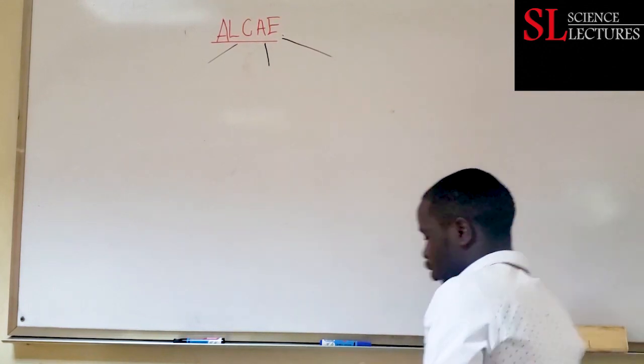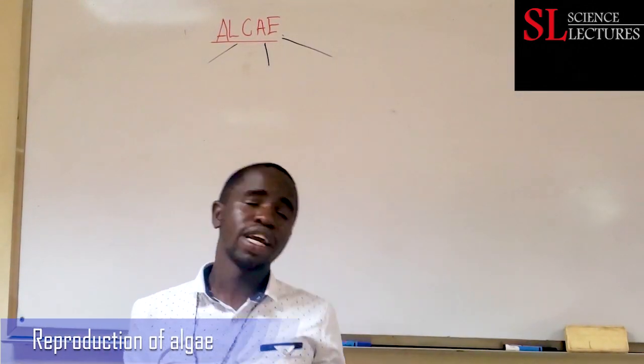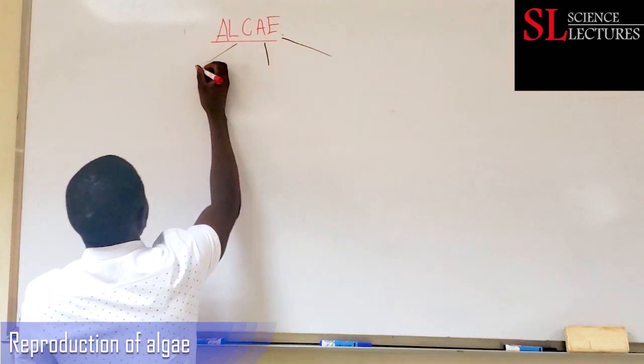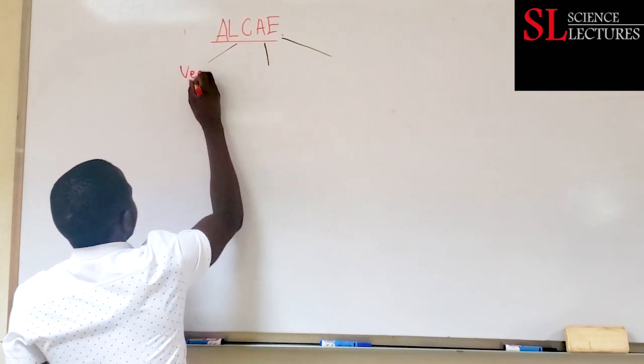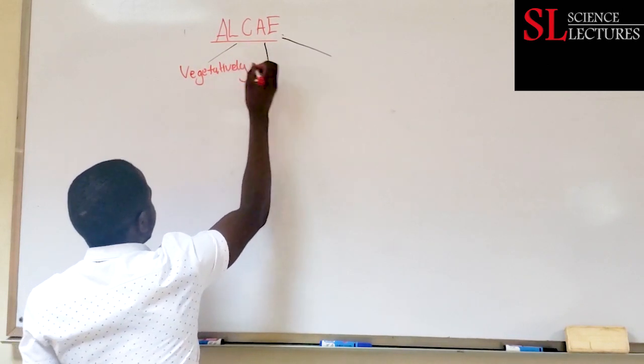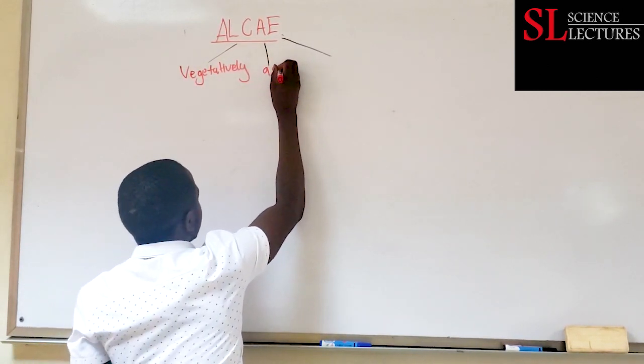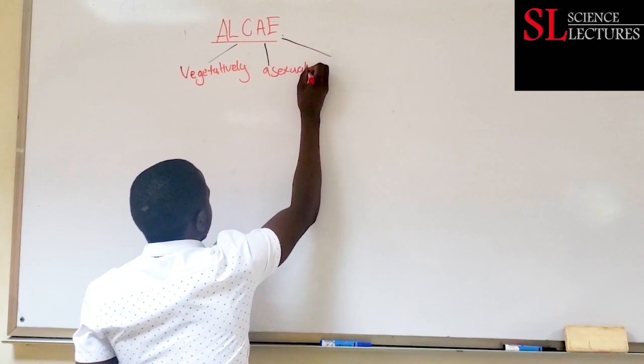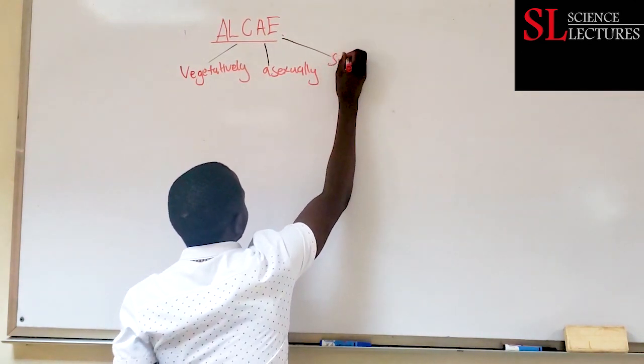So algae reproduces using three major mechanisms. Number one, algae reproduces vegetatively. It reproduces asexually, and reproduces sexually.